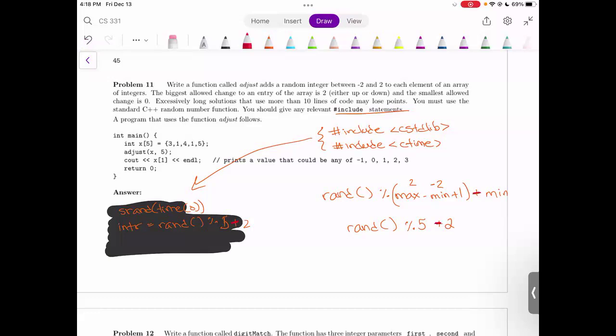Okay. Now we want to adjust each one in the for loop. Yeah, every entry in the array.